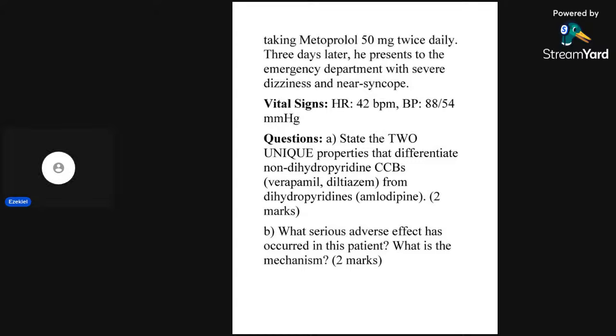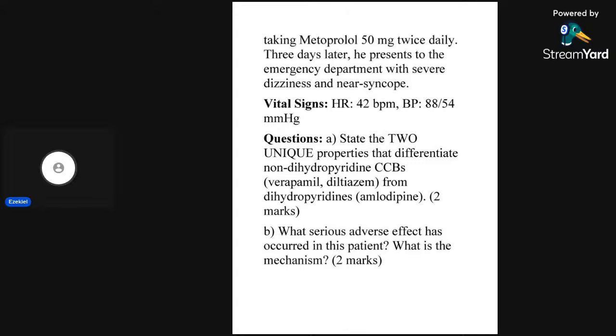Now, let me say something, class. If a drug reduces contraction in the heart, like I've already told you for the non-dihydropyridines, they act on the contraction of the heart and also cause vasodilation. And now a patient is taking a beta blocker alongside. A beta blocker, which metoprolol is, reduces contraction of the heart too.